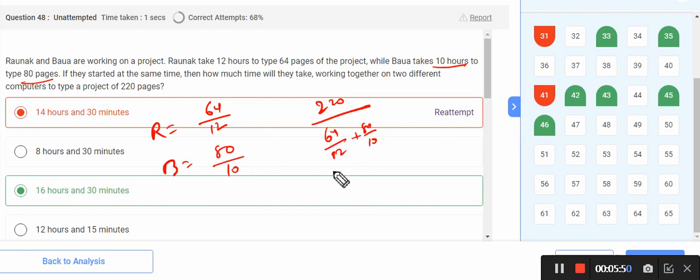So this is 8 and 12 by 12. So 220 by 96 plus 64. So this will be 140.